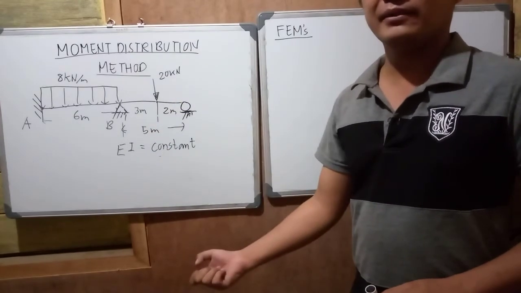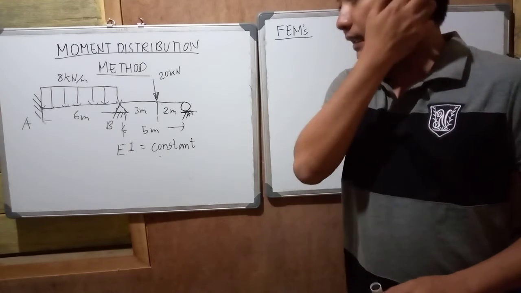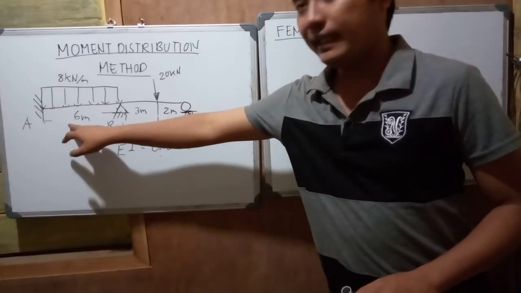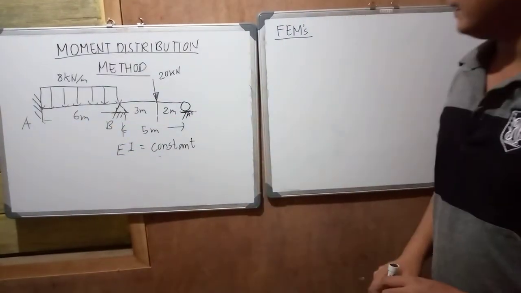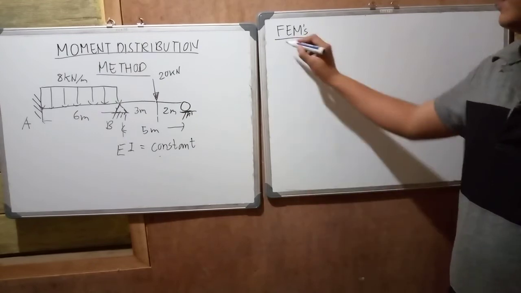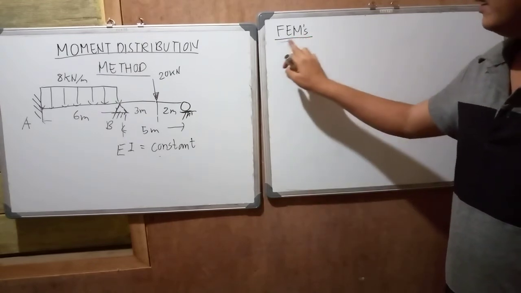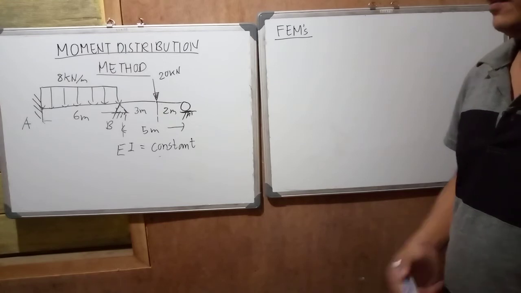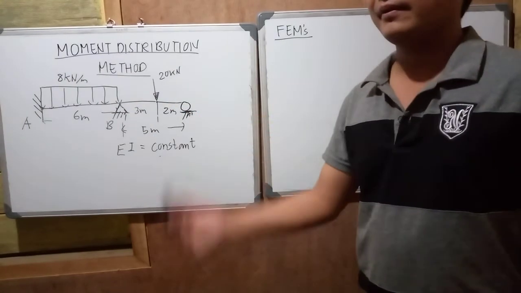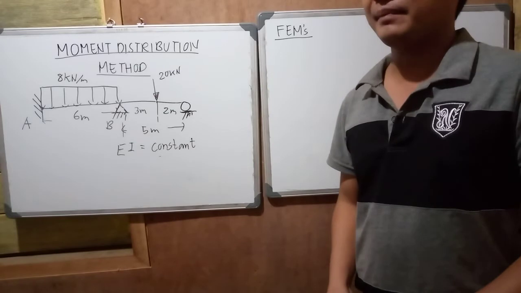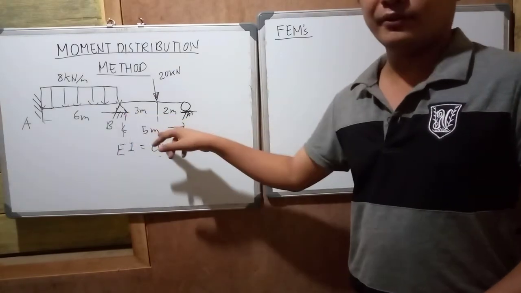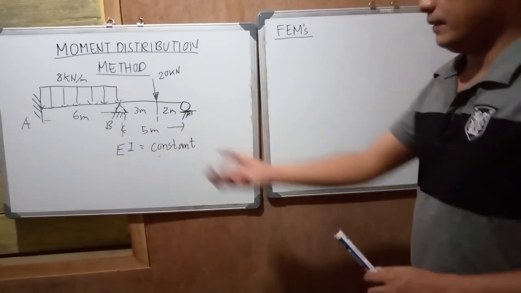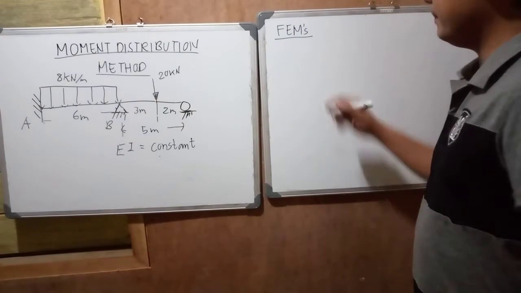Maybe we tackle the first method first, where our stiffness is 4EI over L for both spans. So, when we use this, the stiffness is 4EI over L on all the spans, in every portion of this continuous beam.